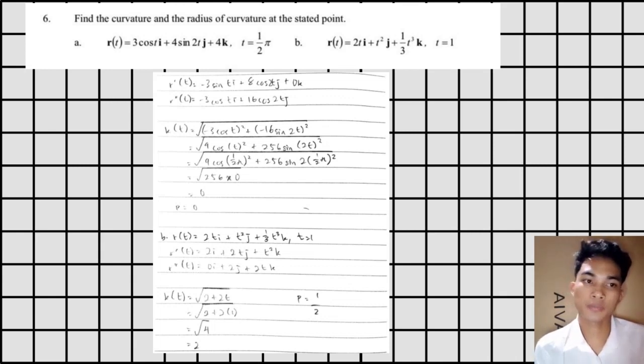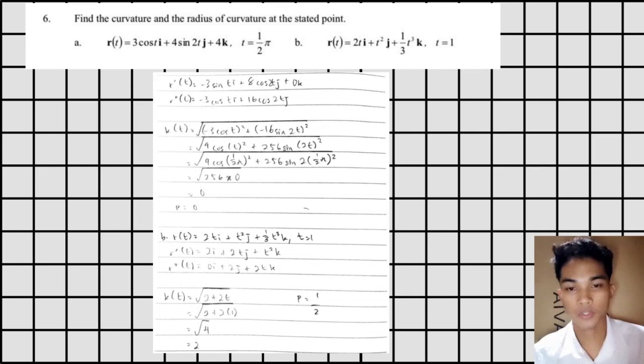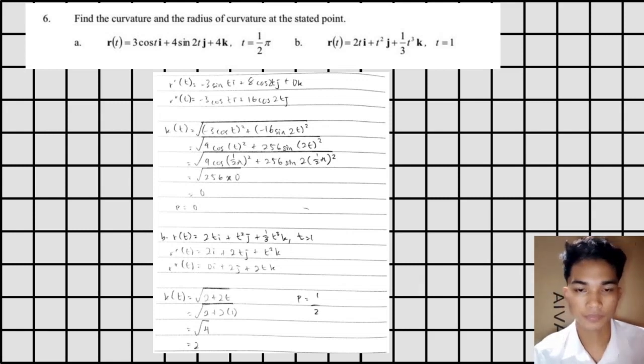And for equation B, r(t) equals 2t i + t² j + 1/3 t³ k, and given t equal to 1.